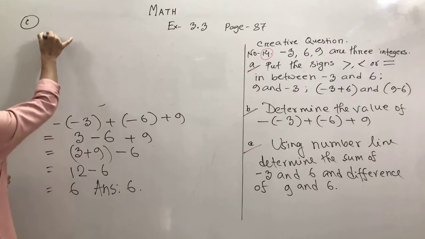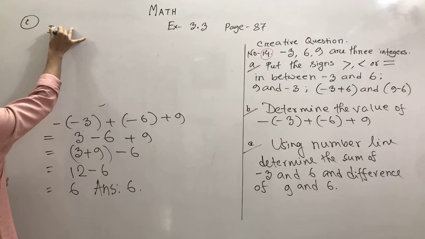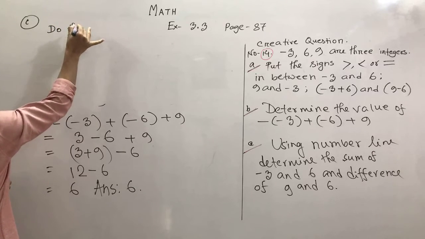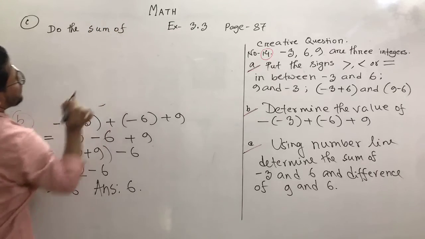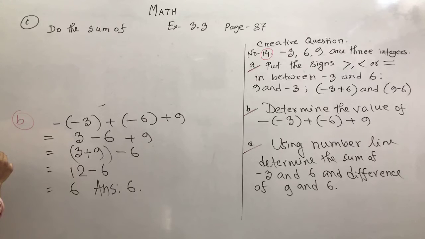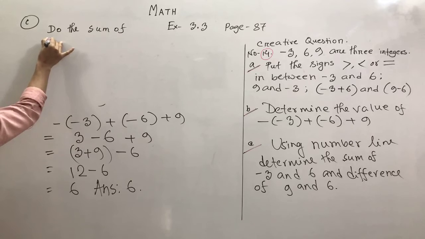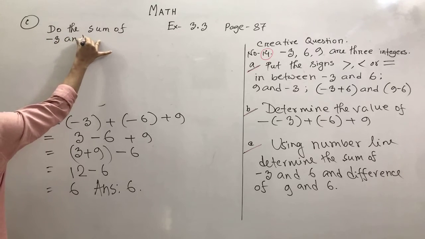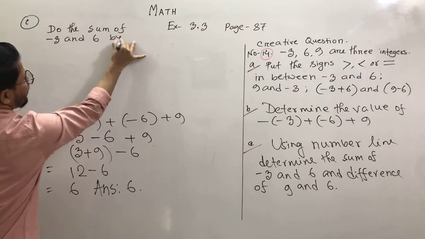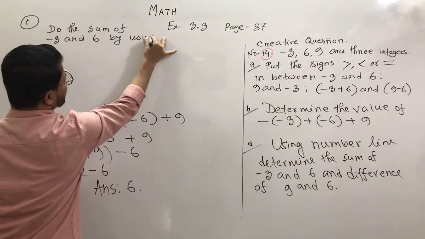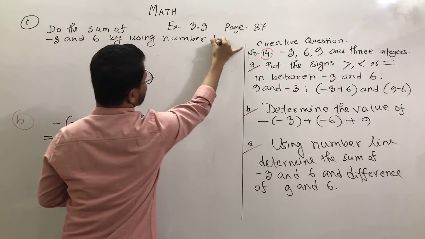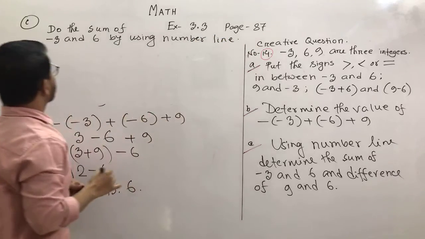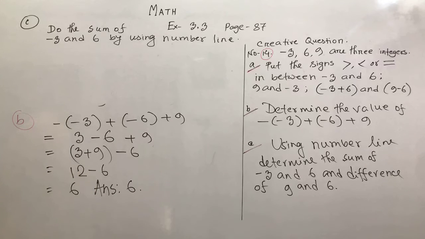Do the sum of minus 3 and 6 by using number line.